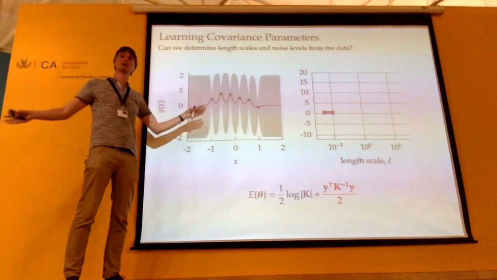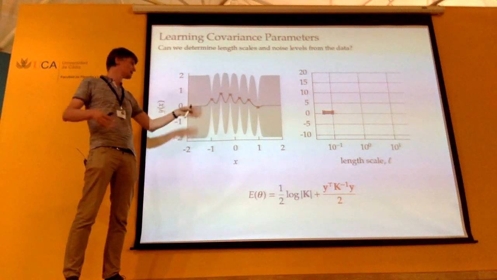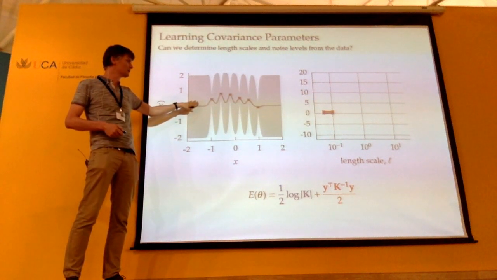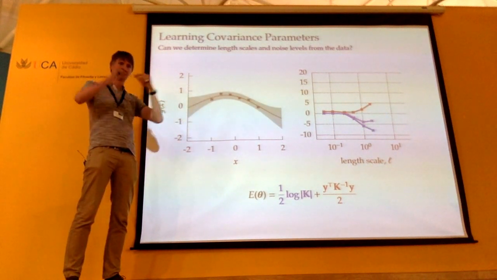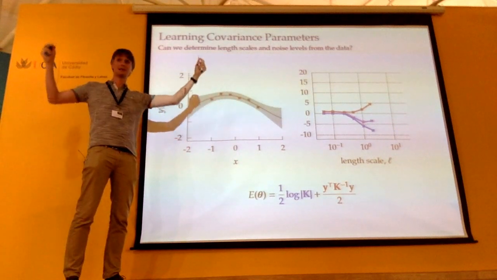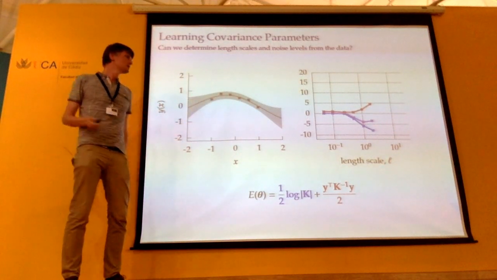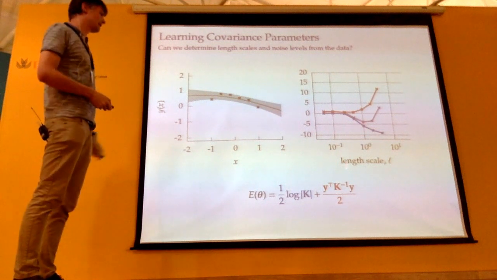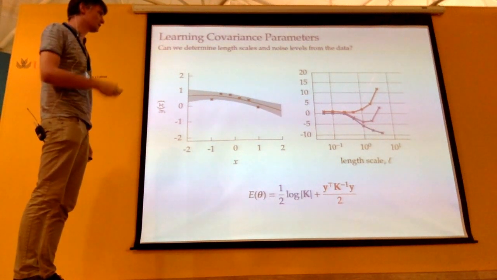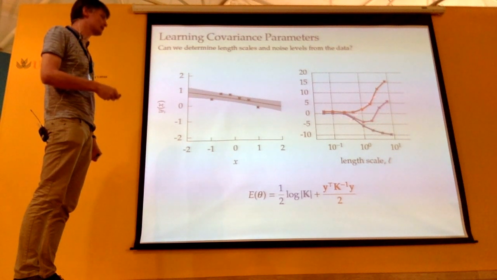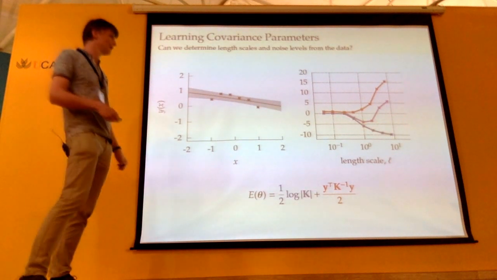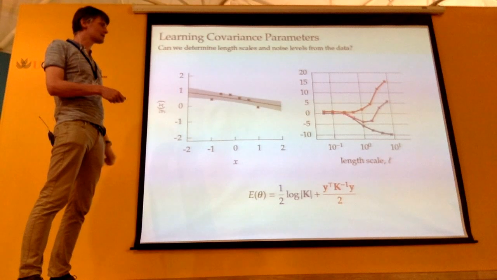It believes in lots and lots of functions. Under white noise, anything can happen. But as you increase the length scale, it believes in fewer functions. In fact, if you increased the length scale to a very, very wide length scale, it would just believe in a flat function. So the data fit goes worse, but the capacity term gets better. If you add the two, you get the magenta curve, the combination of blue and red. And then you can see that what you get is a minimum.